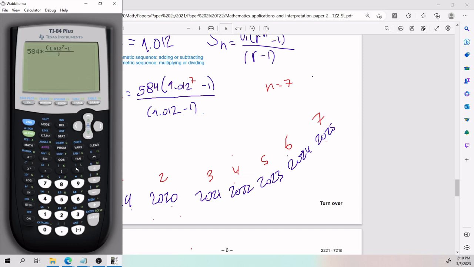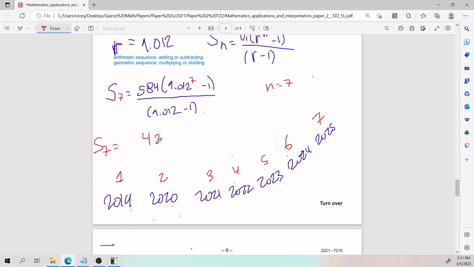On the bottom we have 1.012 minus 1, parentheses close. Okay, we end up with that number there, 4,238.14. And here I'm going to put it in a circle and not in a square because we're not done just yet.